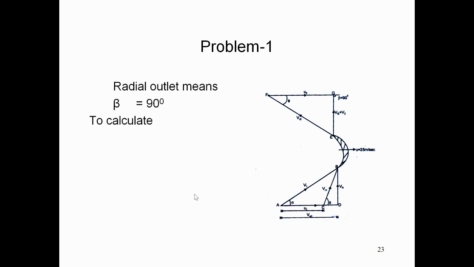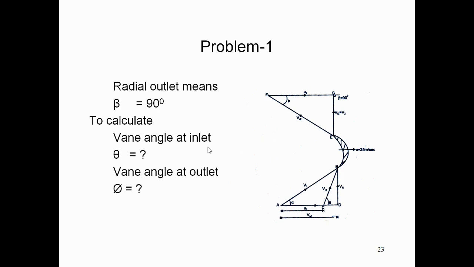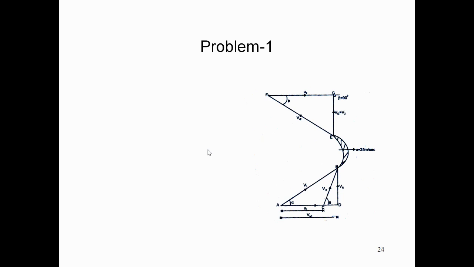So we have to calculate the vane angle at inlet, theta, and the vane angle at outlet, phi, and also draw the velocity triangles. We can see the solution here.